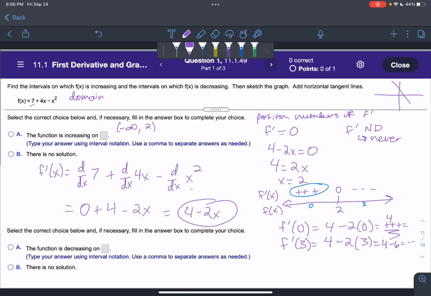The domain of f, it's an opening downward parabola, and the domain of any polynomial is all real numbers. But anyway, our function's increasing on negative infinity to 2, and then we look to see when our derivative is negative, and that will tell me where my function's decreasing. So from 2 to positive infinity.